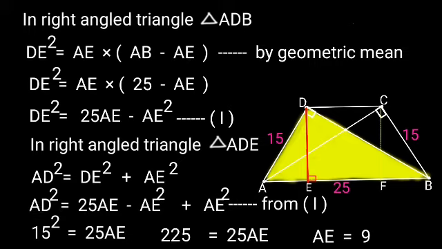Substitute the value. AD is 15, 15 square is 225, is equal to 25 AE, and that is AE is equal to 9. Thus we find AE is equal to 9.